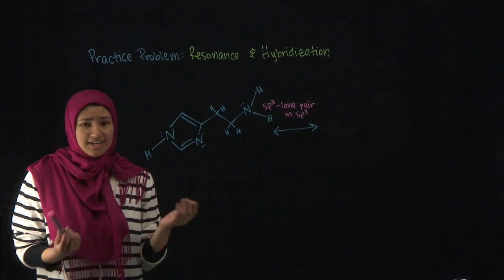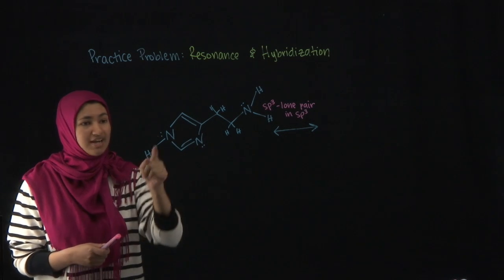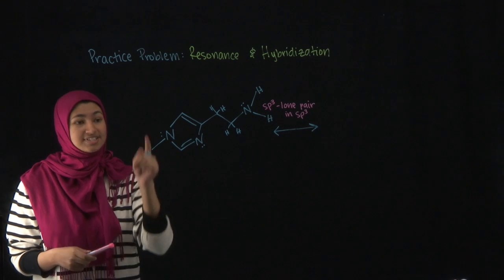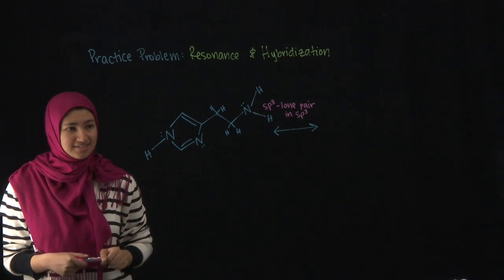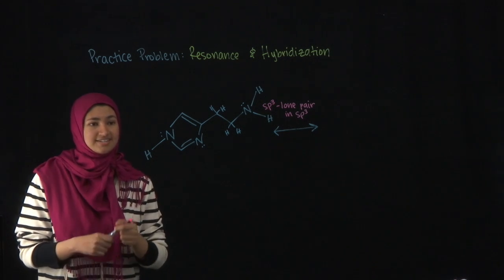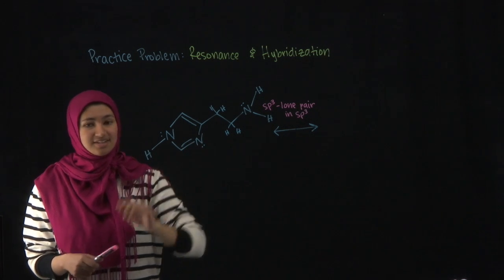But now let's move to this nitrogen. Now, this nitrogen has the same kind of structure, it seems, as that one. We have a lone pair and 3 sigma bonds. But now we have to ask ourselves, does this lone pair participate in resonance? Or can it participate in resonance? And the answer here is yes, because we have a lone pair right next to a carbon that contains a double bond.